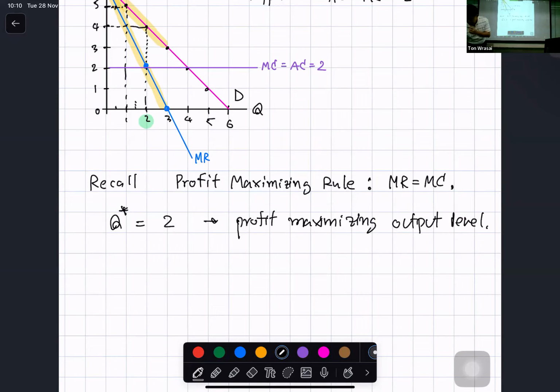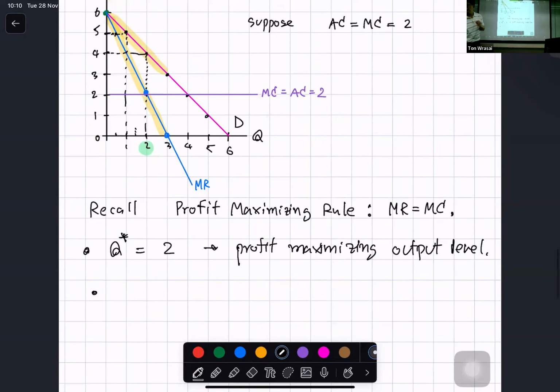And when this guy produced 2, how much will he charge to the consumers? Look at the demand curve then. Hit the demand curve, he will charge according to the willingness to pay by the consumer. So he charged 4 baht. Price, he charged equal to 4.